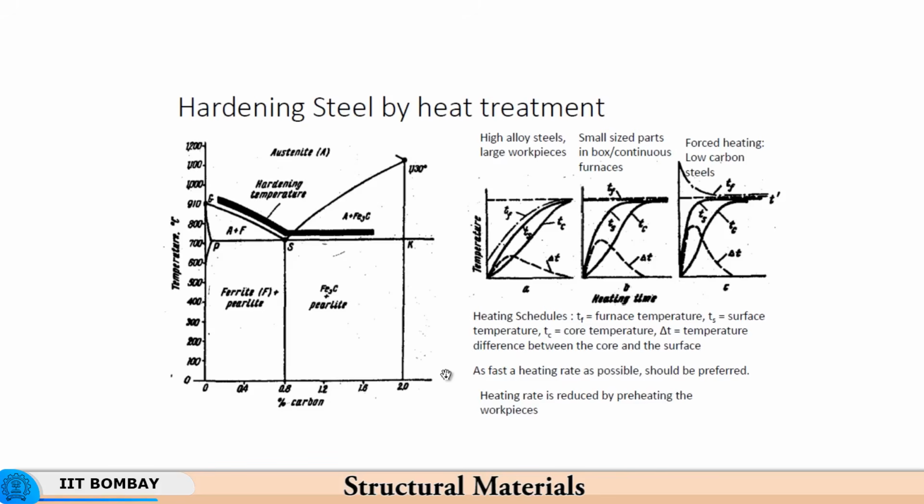So, if you have low carbon steels where thermal conductivity is very high, or you have extremely small workpieces, then under both these conditions very rapid heating is possible without any adverse consequences.